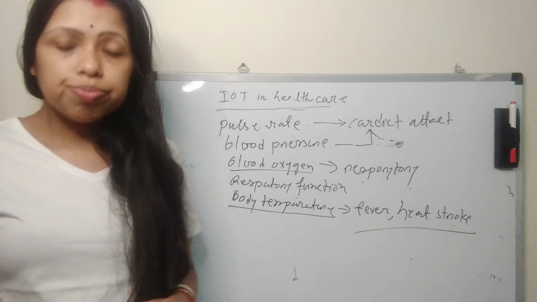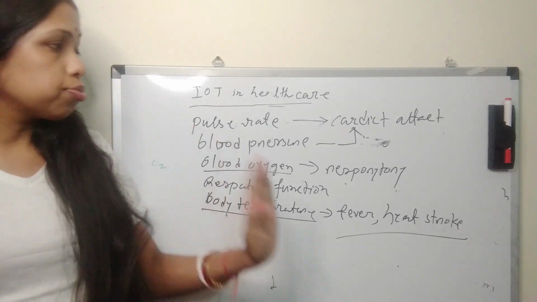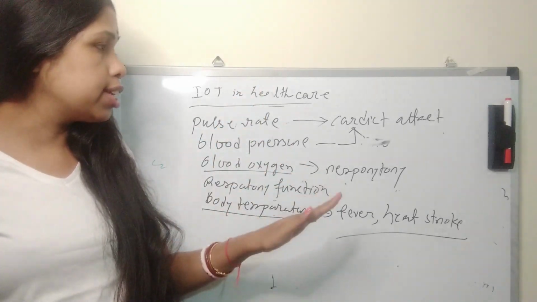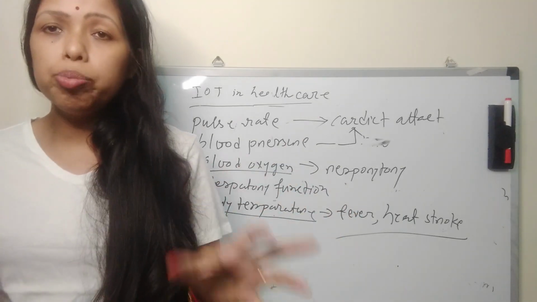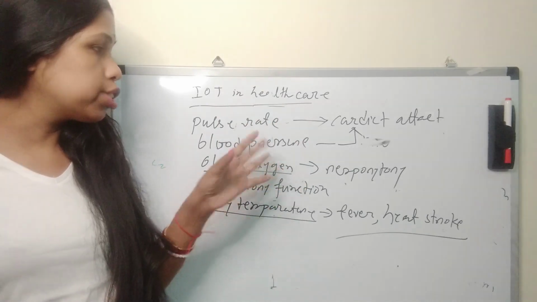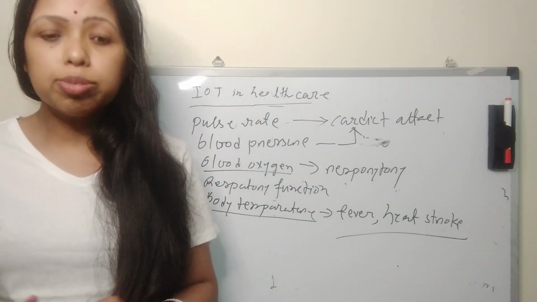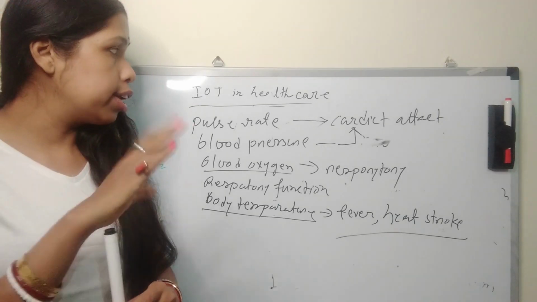Now the one point is what kind of sensor we can use for measuring these things, because how can you design IoT in healthcare? Normally you have to design those sensors, and this sensor is mainly related to the IoT device.